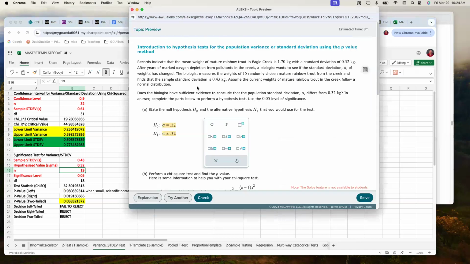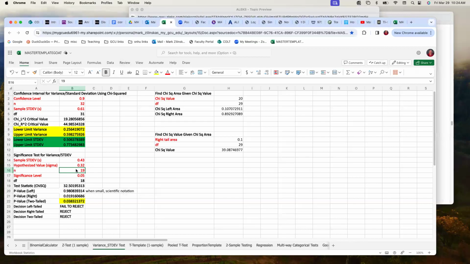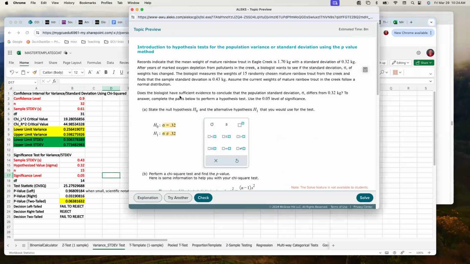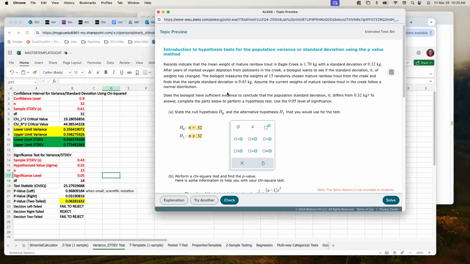Our sample size was 15. Change that to 15, and our significance level is good old 0.05, which is probably the most popular one. Okay, we go ahead and put that in, and we're done entering things over here.